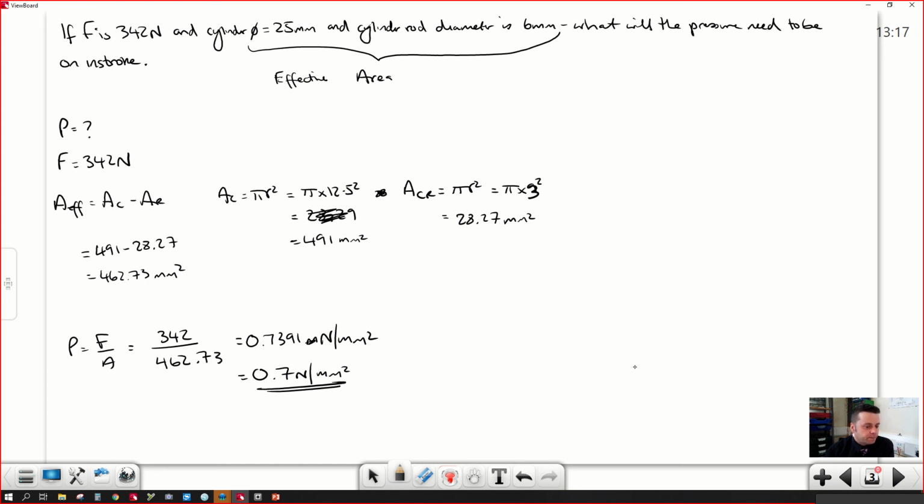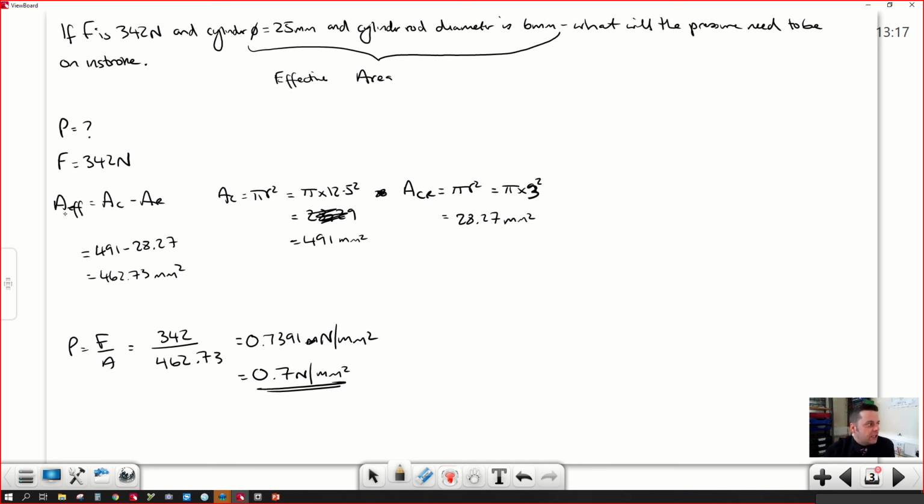Okay. That's the top end level for National 5 Pneumatics maths, where it's an in-stroke double-acting cylinder and you need to work out effective area. There are other ways they could phrase the question where they give you the force and the pressure and the 6mm cylinder rod, and then ask you to work out what the diameter is.